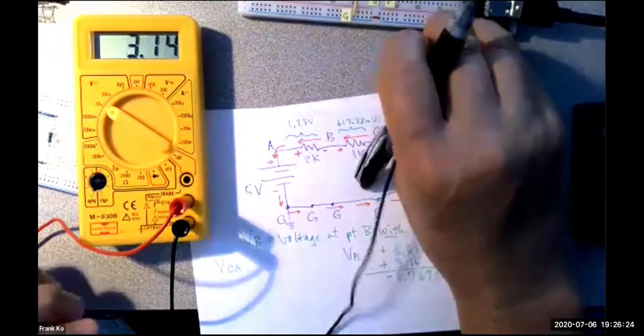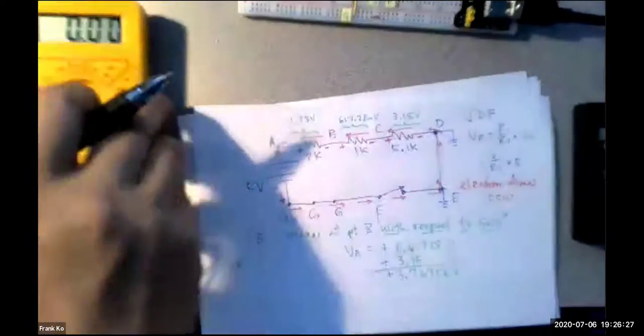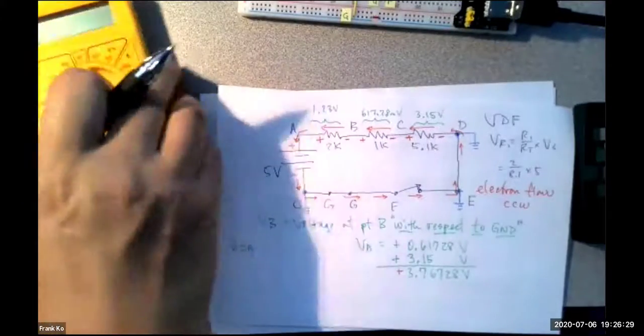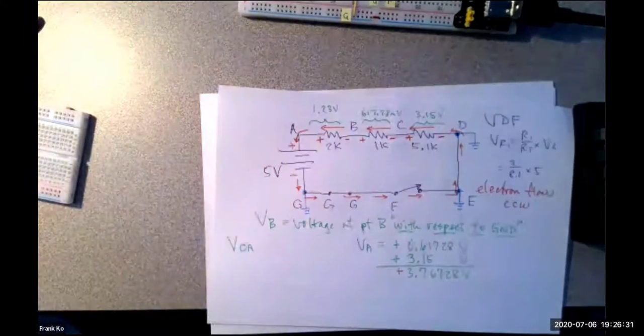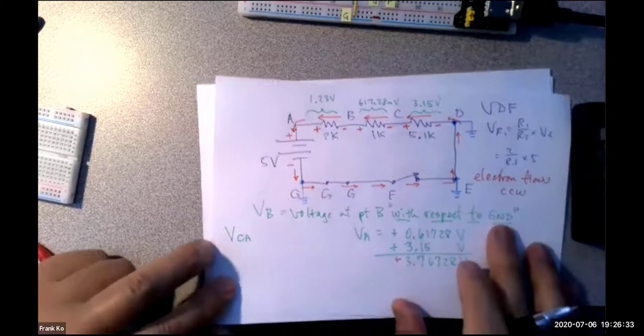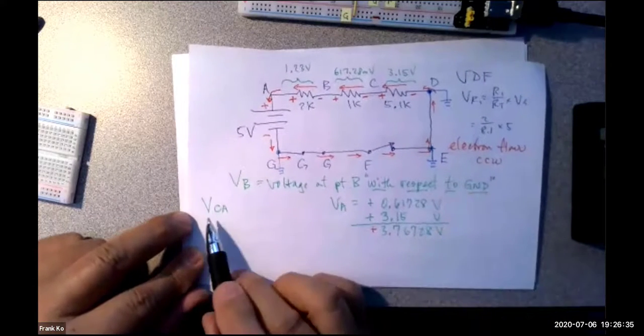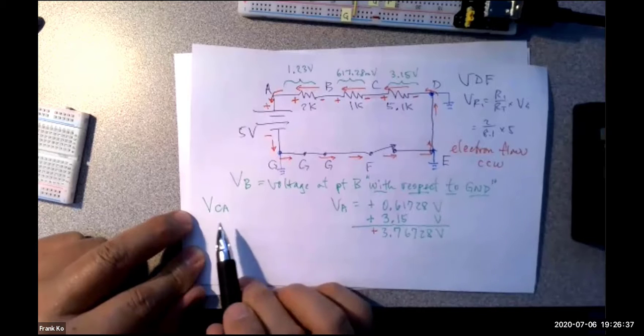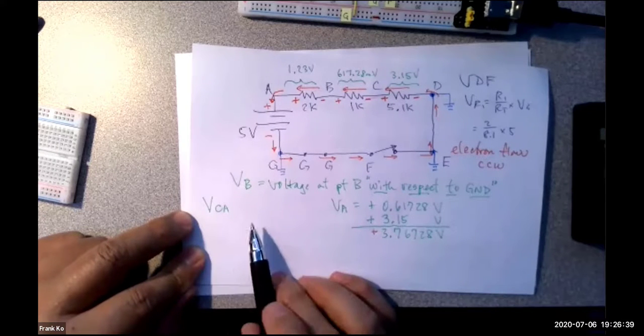All right. So let's go ahead and turn off the meter, because again, you don't ever want the battery to drain unnecessarily. So in this sample, you have VCA. So you're given more than a single point. You're given 2 points.